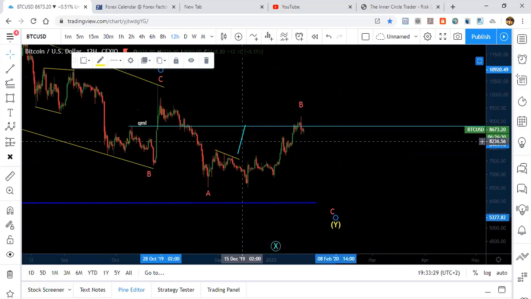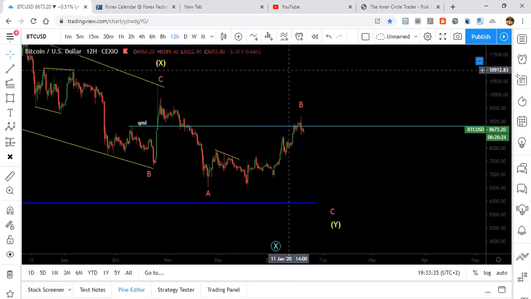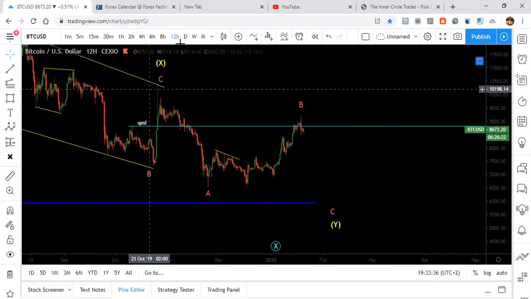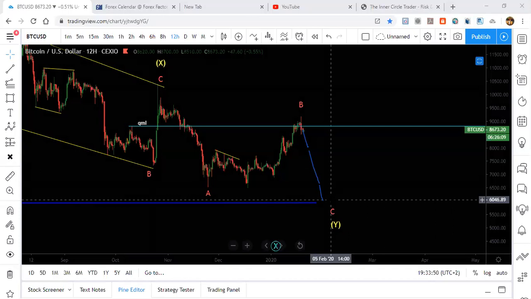So let's look at what exactly is going to happen here. Guys, this is a big move that we are going to get, that is going to come to this level. Let me just see what level this is exactly. So yes, it's about 5,000, around about there.